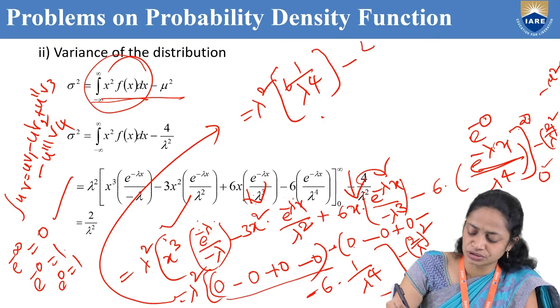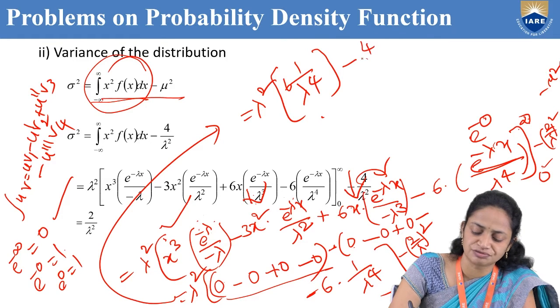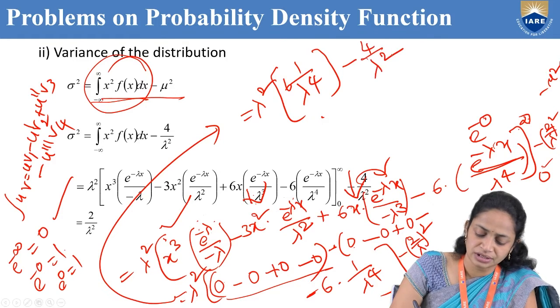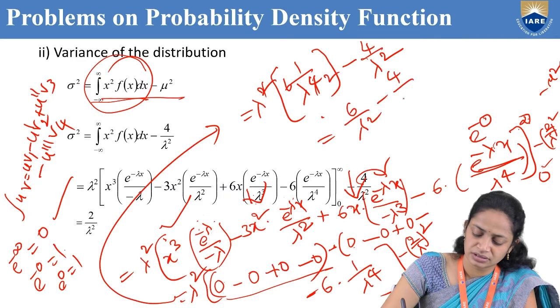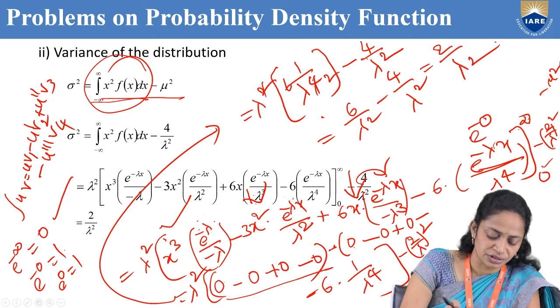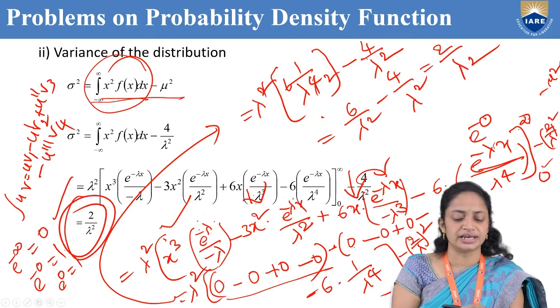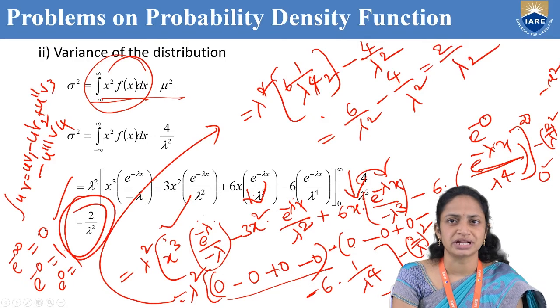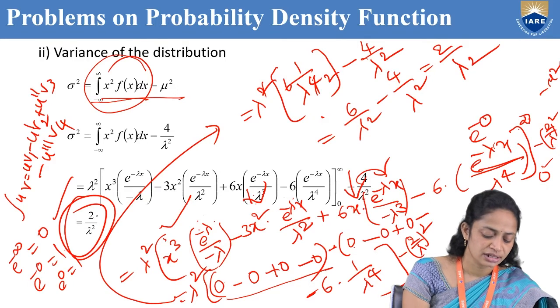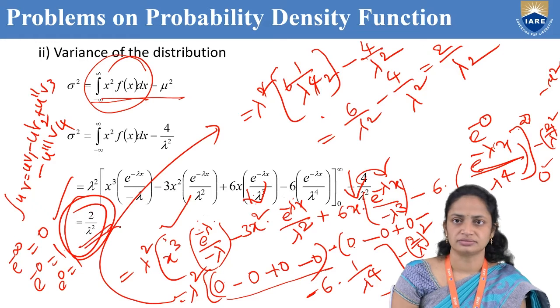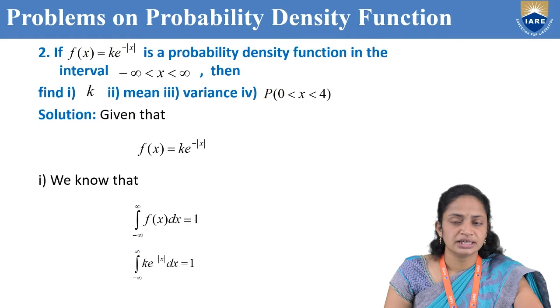So that is 2 square by lambda square, that is 4 by lambda square. So that is 6 by lambda square minus 4 by lambda square, that is 2 by lambda square. The total answer is the variance of the distribution, or variance is here 2 by lambda square. Okay. Second problem.